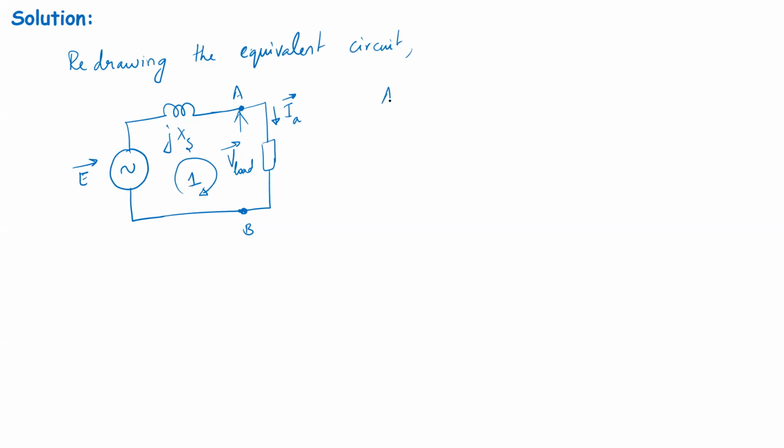Applying Kirchhoff's voltage law, I have my E vector equal to IA vector times J times XS plus V load vector.